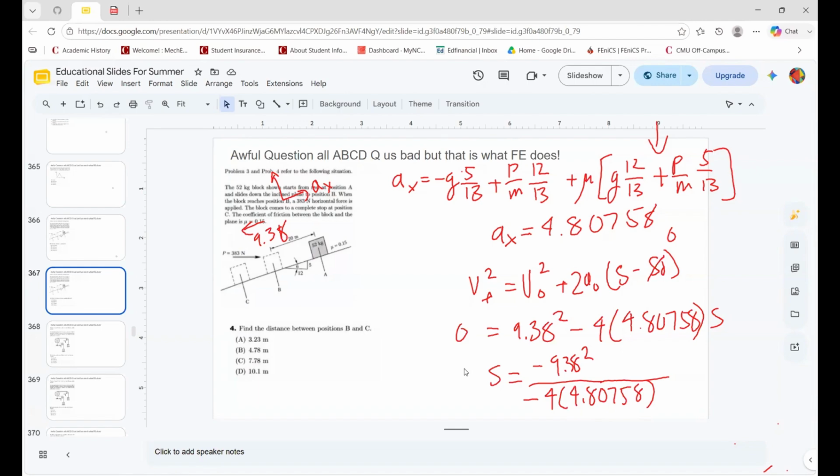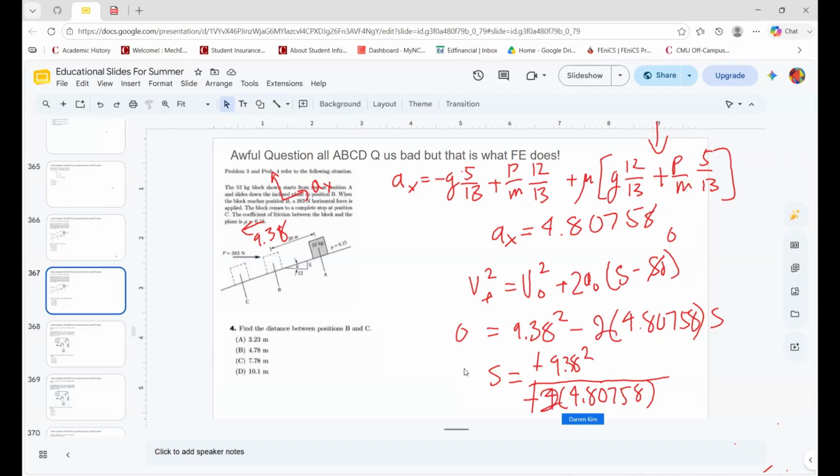So if I plug that into my equation over here, I get what? It's going to be 9.38 squared. I should check if that was on the last question. The negative cancels out, so just put plus there for now. Wait, did I do something wrong? Yes, I did. It doesn't even make sense. It's supposed to be 2.